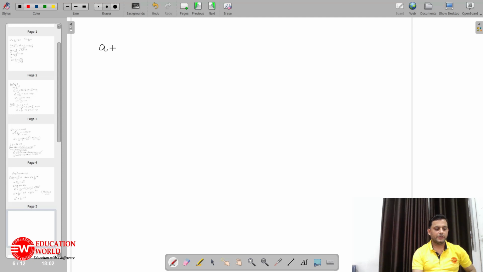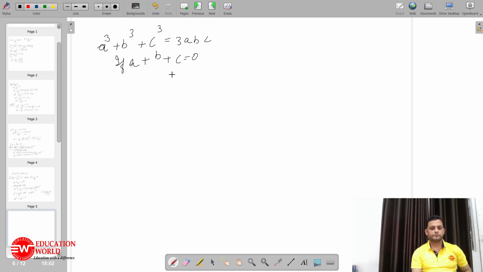It is the formula A cube plus B cube plus C cube is equal to 3ABC. But this is possible only if the sum of the 3 terms whose cubes are taken is 0.